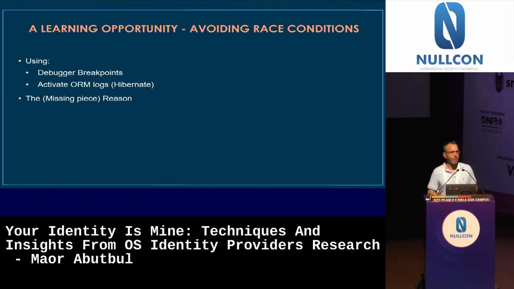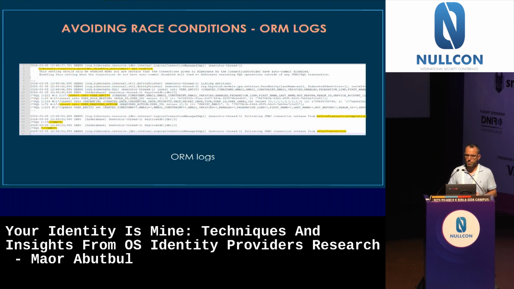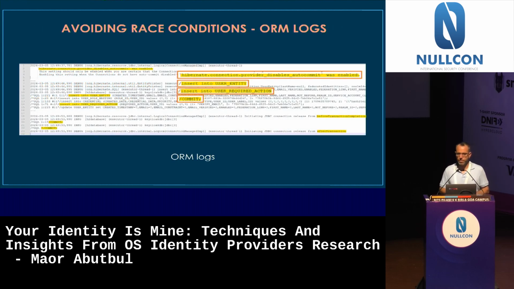So, using debugger breakpoints and activating ORM logs, we found the missing piece. In the logs, we see the following 4 key items: auto-commit disabled, insert into users table, insert into required actions table, commit.